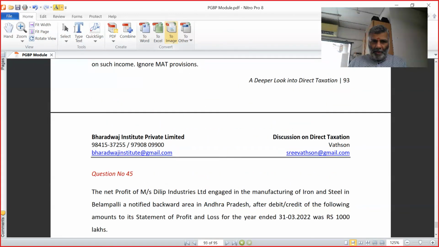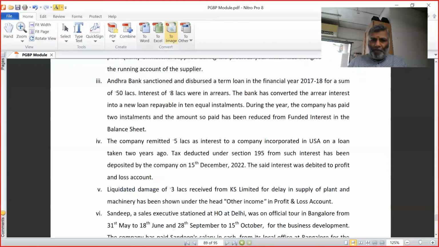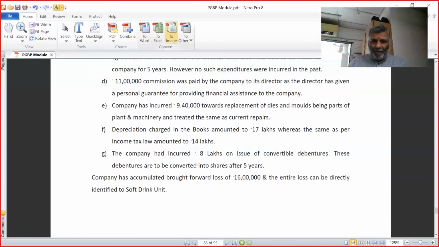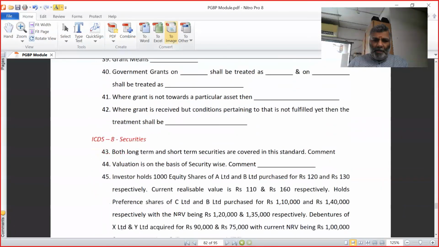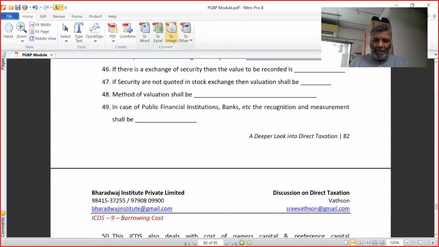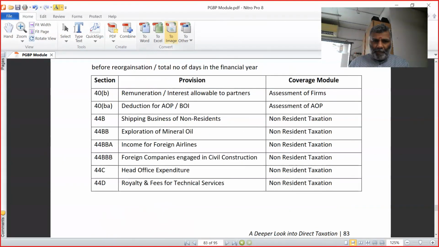I can tell you what are all the provisions we are yet to cover in PGBP. 40B, which we will cover in assessment of firm, 40BA in assessment of AOP, and all other things in non-resident taxation, such as presumptive computations and royalty treatment.